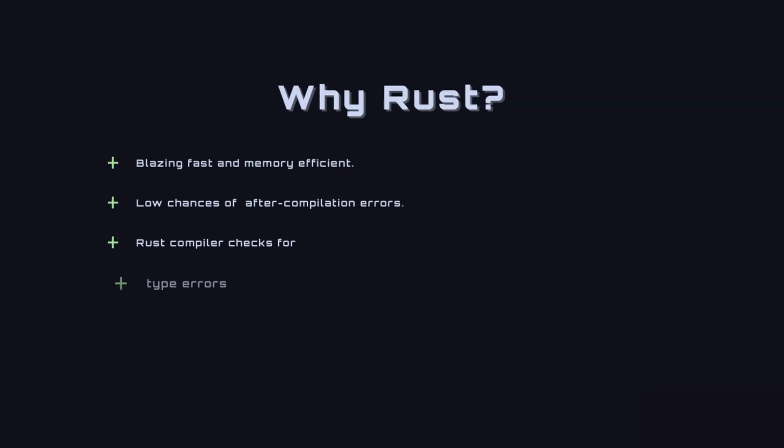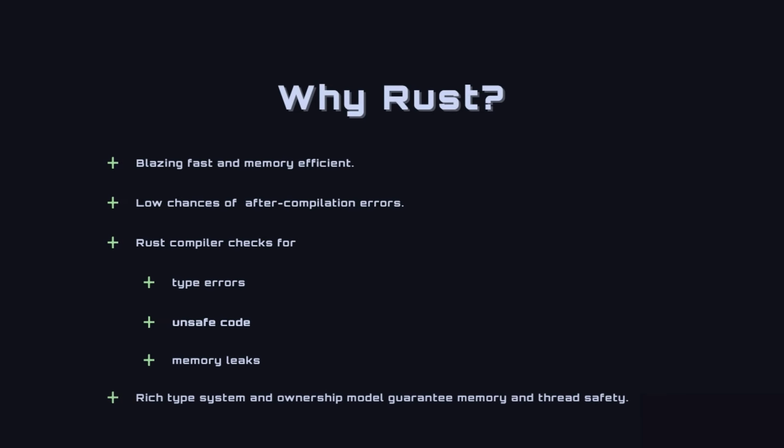The Rust compiler checks for type errors, unsafe code, and memory leaks. This means that the code will not compile until all of these are fixed. Thus, it greatly reduces the possibility of the program crashing when it is deployed. Rust's rich type system and ownership model guarantee memory safety and thread safety.